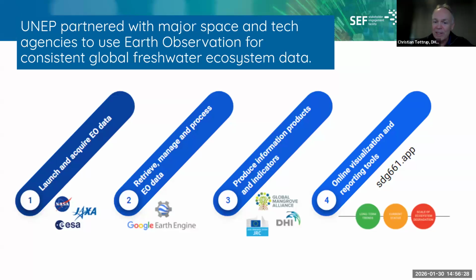And all this data has been compiled at a global level and put together in an online visualization and reporting tool, which we refer to as the SDG 6.6.1 app or the Freshwater Ecosystem Explorer.